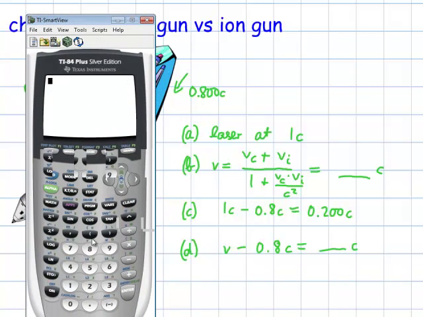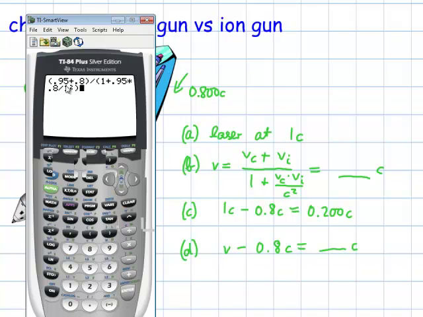So this one is going to be 0.95 plus 0.8 divided by 1, parentheses, 1 plus 0.95 times 0.8 divided by c squared, which is pretty much, because it's all in terms of c here, 1 squared. Parentheses.